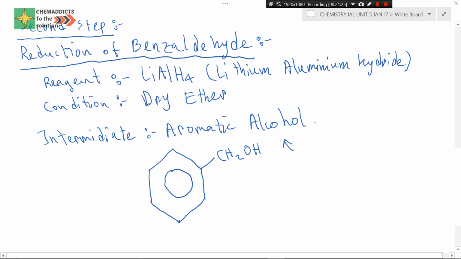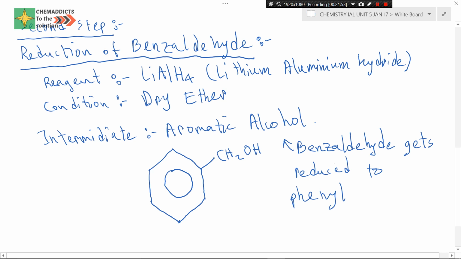Here, benzaldehyde gets reduced to phenyl methanol.